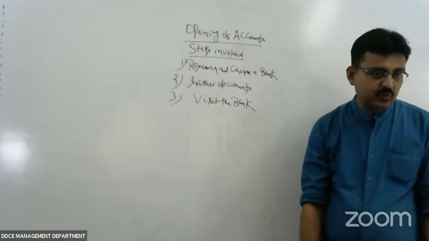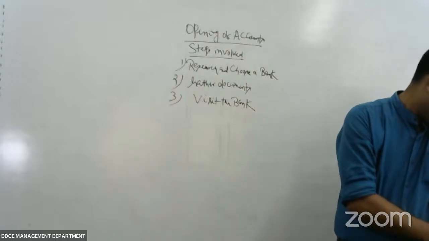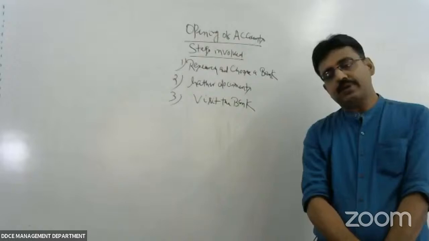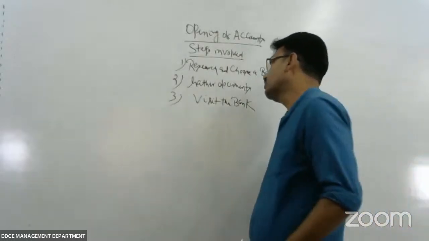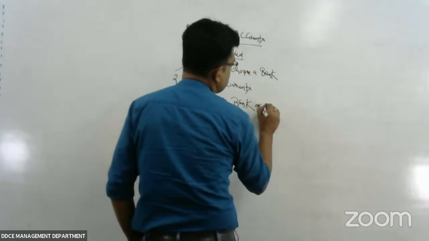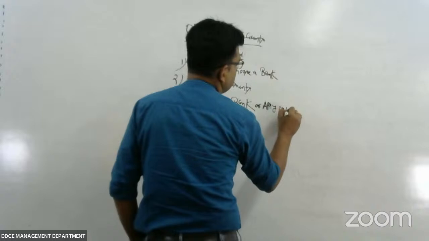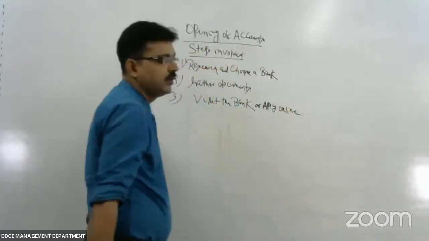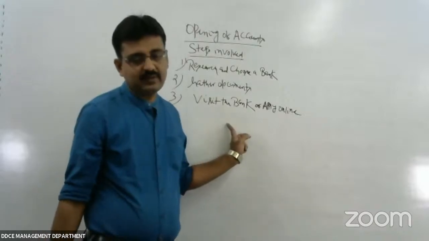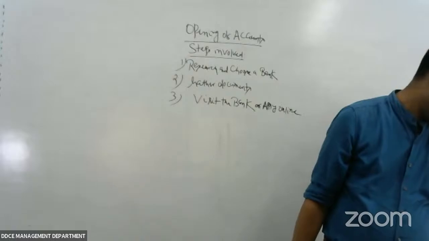But nowadays, as you can find, even online you can apply. So along with visiting the bank, you can also apply online. Either you need to visit the bank or you need to apply online.